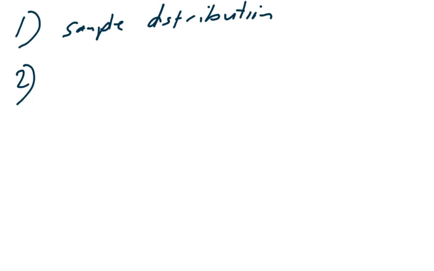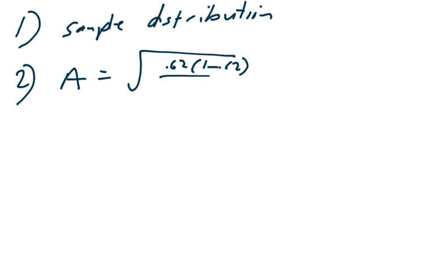The sampling variability associated with these statistics is, for the Americans, the square root of 0.62 times 1 minus 0.62 divided by 1,000, which was 0.015.